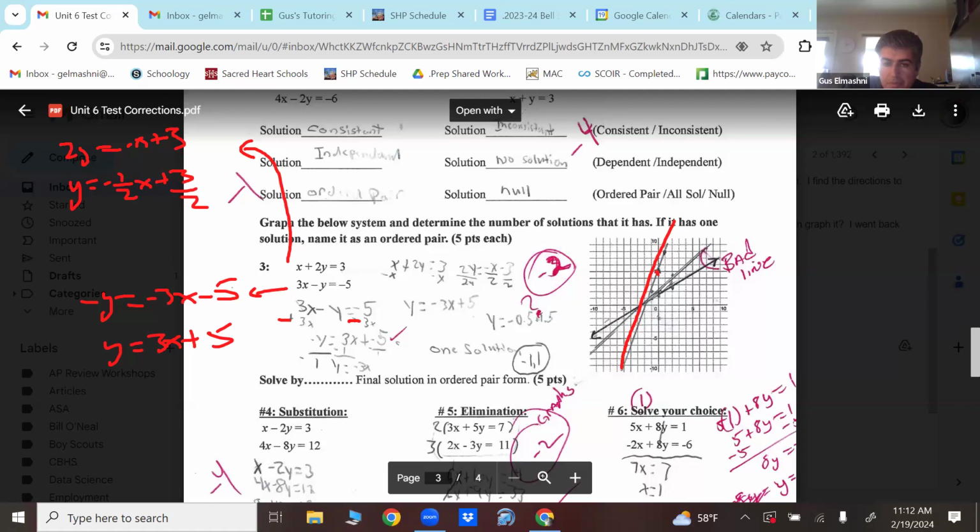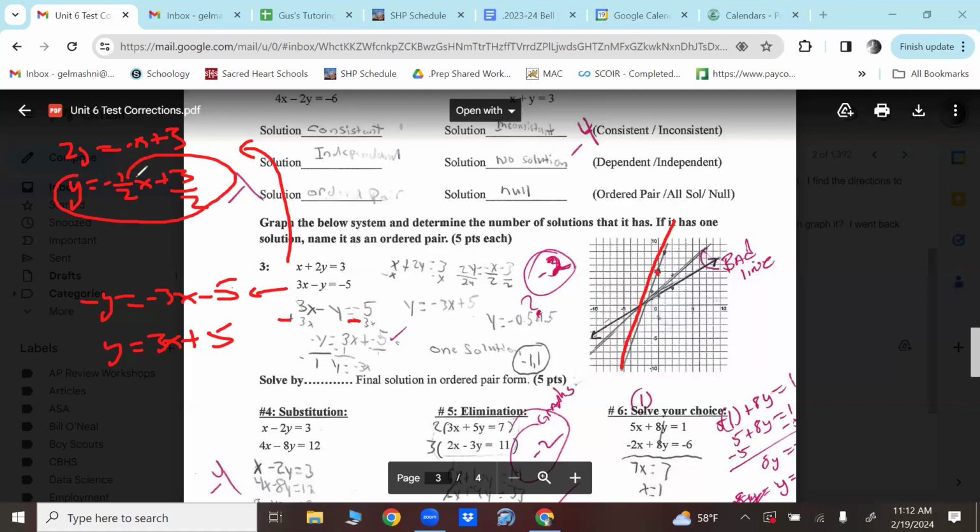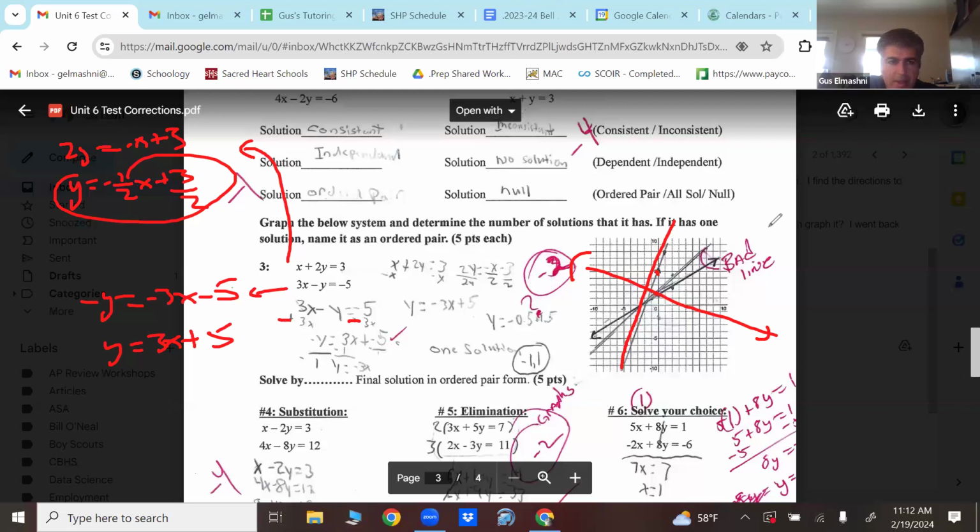But so how did I graph the right line? Well, you actually graphed the wrong line for this one. You have the right y-intercept, but it's got to be a negative slope, so it's got to go kind of like that.